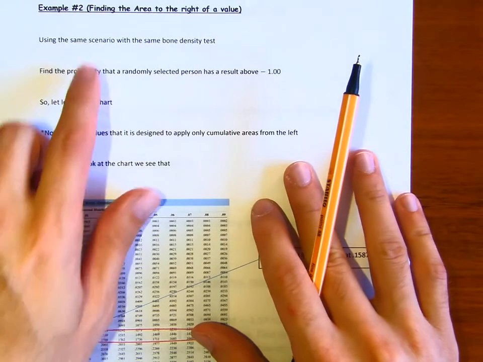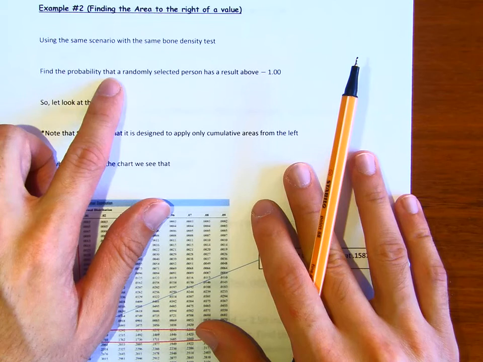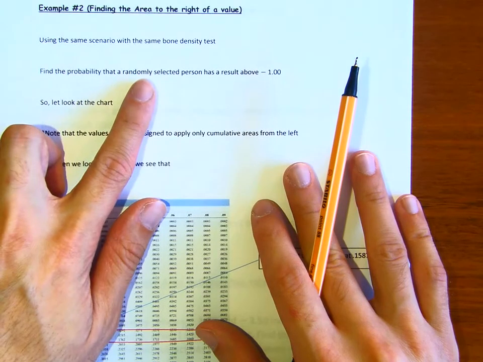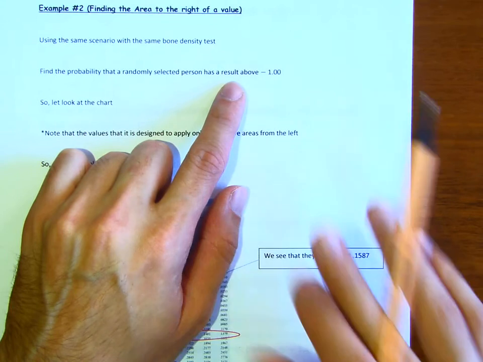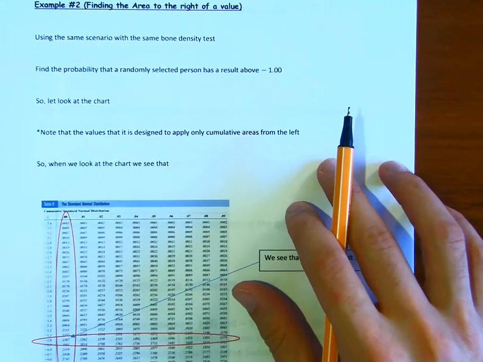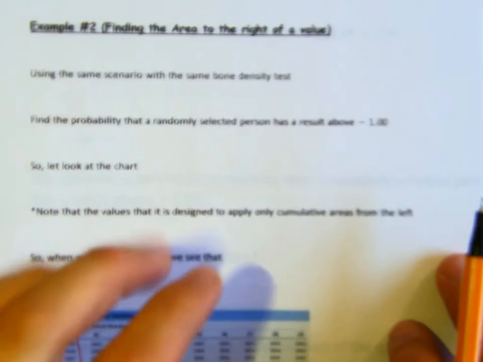So using the same scenario with the same bone density, find the probability that a randomly selected person has a result above -1. Okay, so what I want you to do is, even before we do anything, try and draw this visual representation.